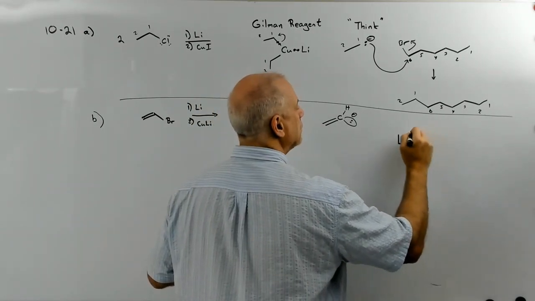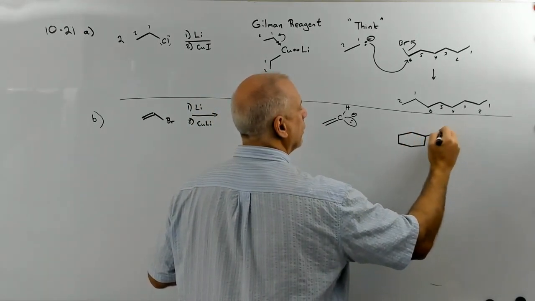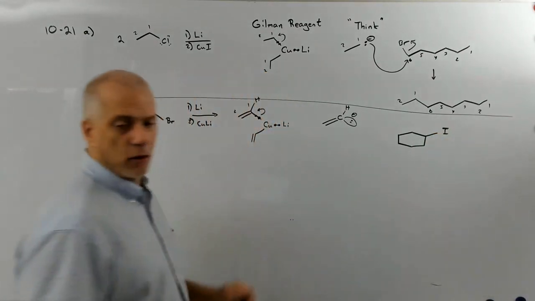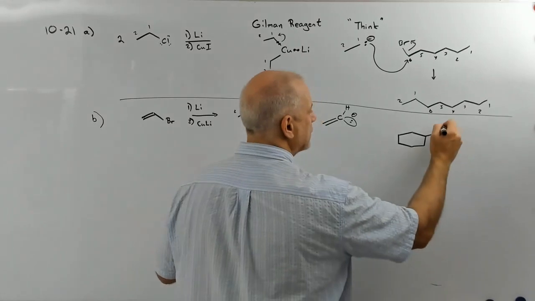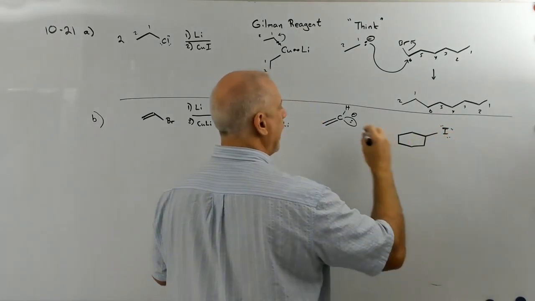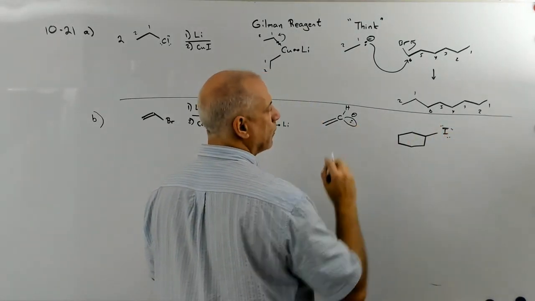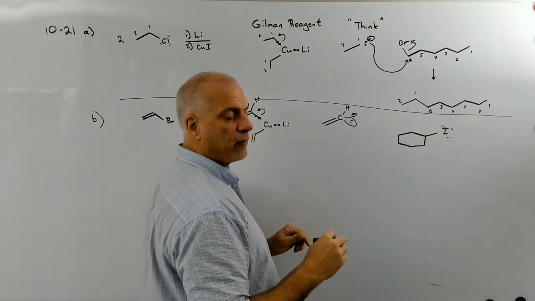The goal was to have a cyclohexane molecule. We'll put an iodide, some good leaving group on there, and this is a very strong nucleophile.